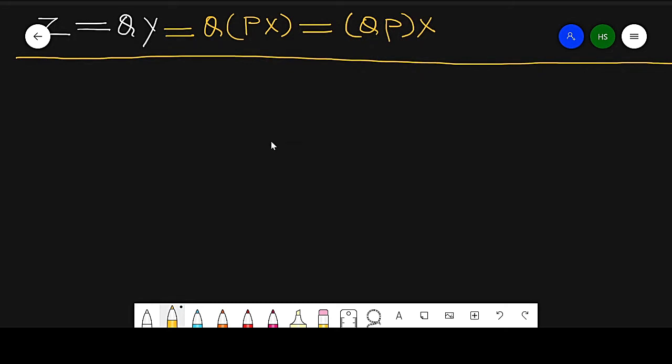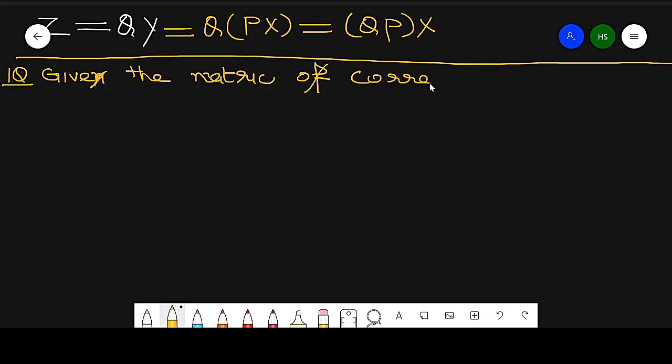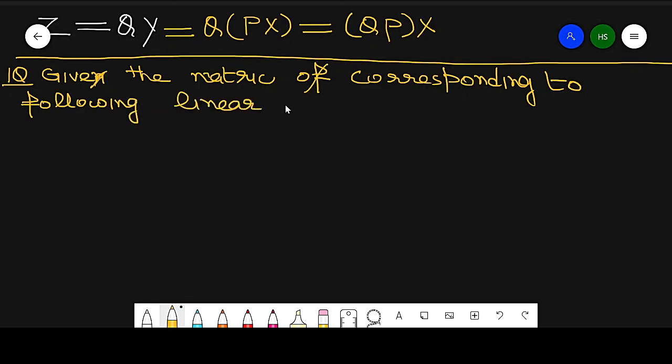That example is, first example: given the following linear transformations, give the matrices corresponding to them.